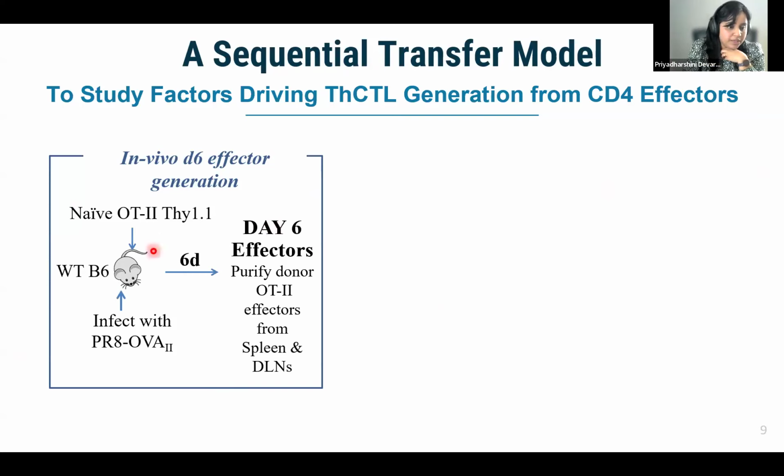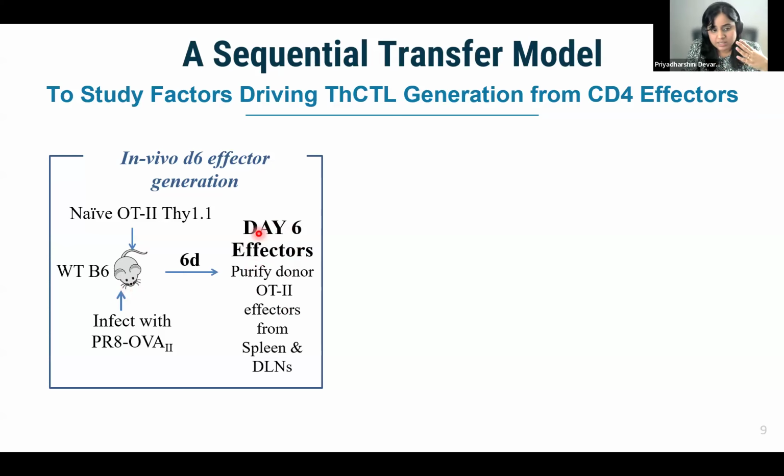So what we do is first we isolate naive OT2 transgenic cells, and we transfer them into B6 mice. We infect these B6 mice with an influenza A virus strain expressing the antigen for these OT2 cells. 6 days later, these naive OT2 cells have gotten activated, have had a full round of antigen presentation, and have become fully developed Th1 effectors.